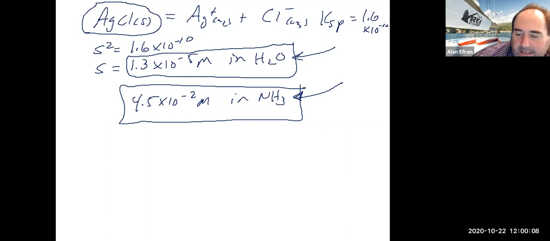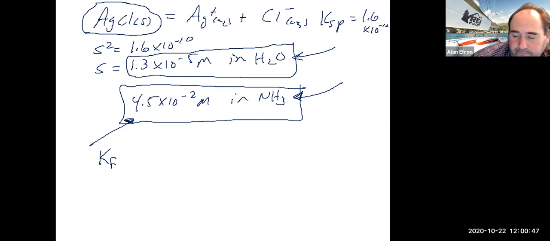That means it's something like 3,000 times more soluble in ammonia than it is in water. What that means is the formation of a complex ion, like it wants to do here, is really, really favored. And that's why we see such a large Kf value, because the formation of a complex ion is always favored. We do see a much higher solubility of this silver in ammonia, which is a ligand, versus water.